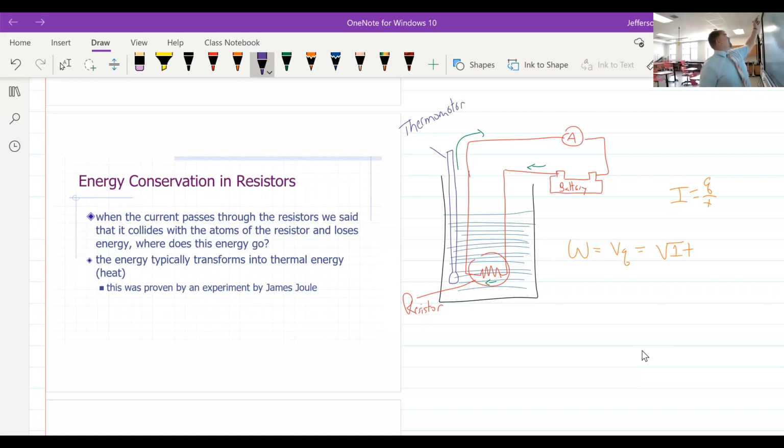This is something you might remember from chemistry: the amount of thermal energy is equal to the mass of the stuff times the specific heat times the change in temperature. And so by knowing the mass of the water, the specific heat of water, and how much the temperature changed, he was able to show that these two were exactly the same.